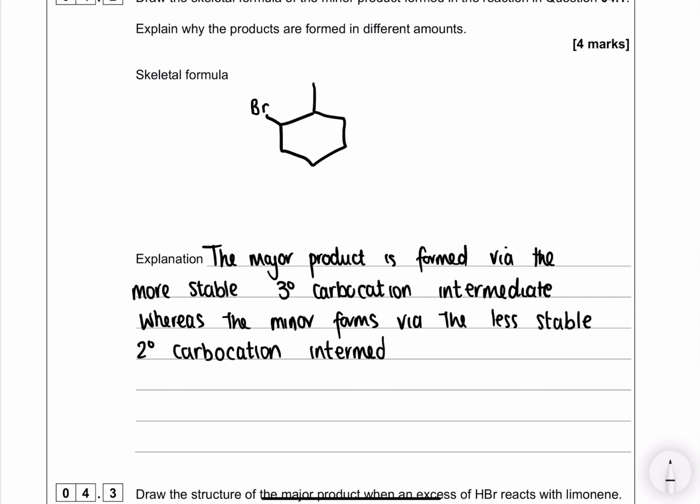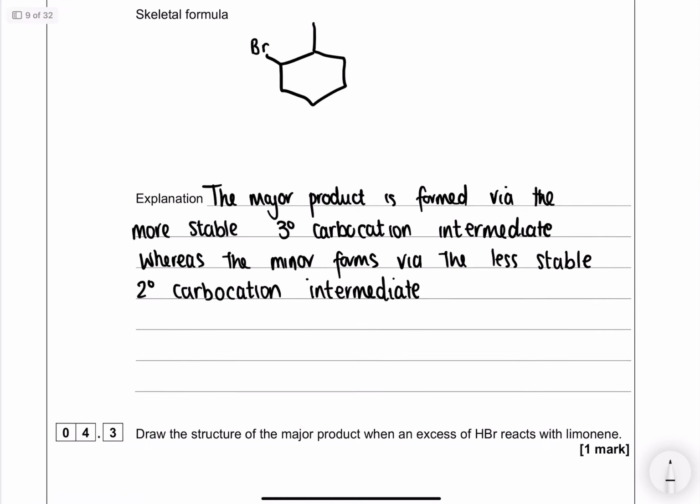And be careful, it's the intermediates that are more and less stable, not the products.